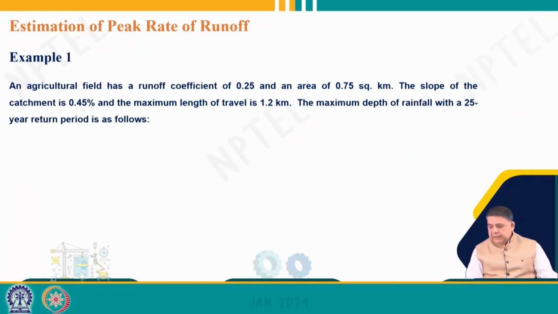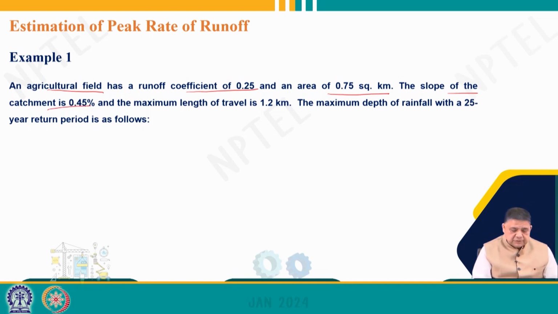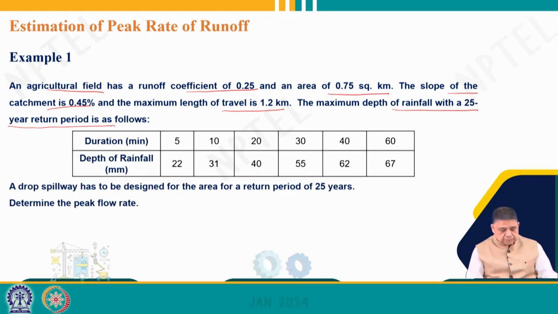So, let us take an example here. An agricultural field has a runoff coefficient of 0.25 and an area of 0.75 square kilometers. The slope of the catchment is 0.45% and the maximum length of travel is 1.2 kilometers. The maximum depth of rainfall with a 25-year return period is as follows.